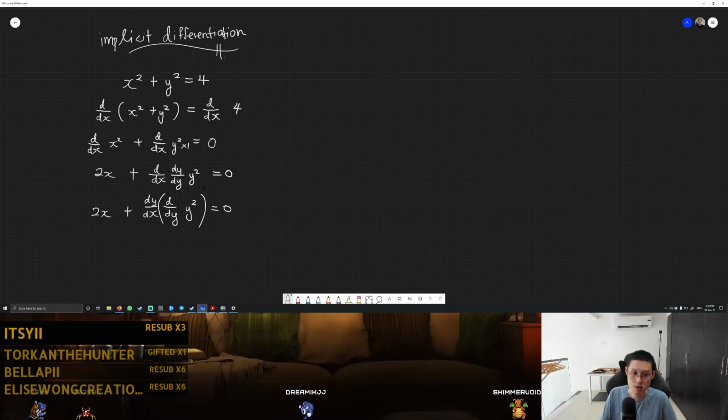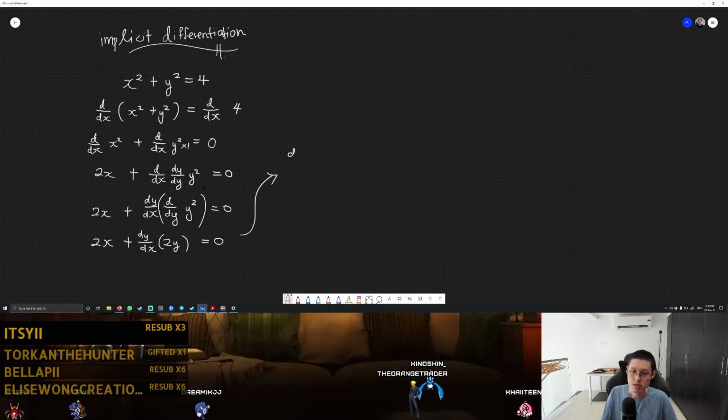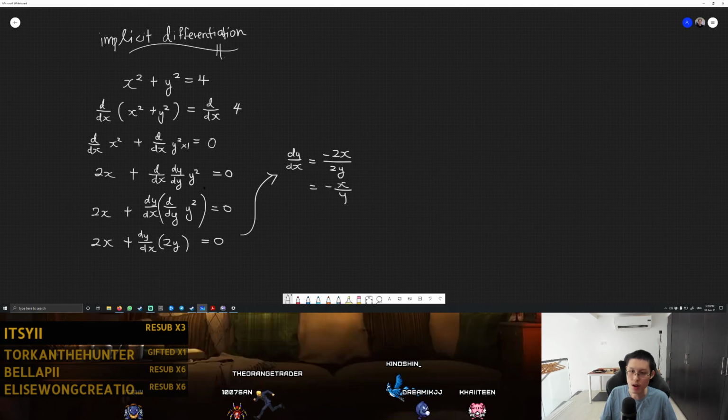So we can do this, which means we are going to get 2y. And we are trying to find the gradient, which is dy/dx. So now we just make dy/dx the subject. So dy/dx is going to be equal to negative 2x over 2y, which is negative x over y. And we're done. That's it.